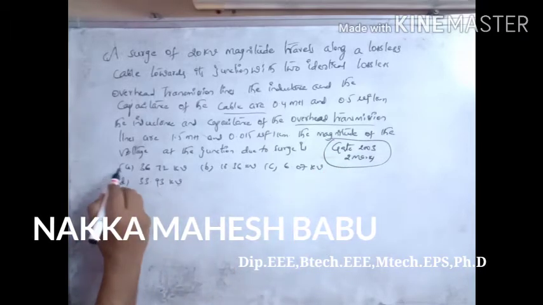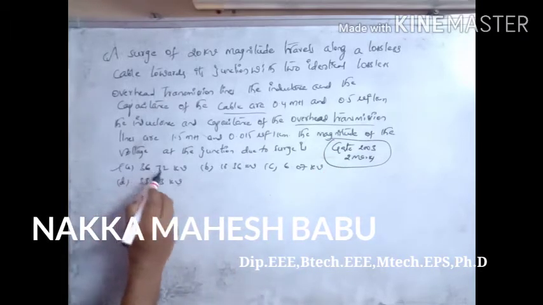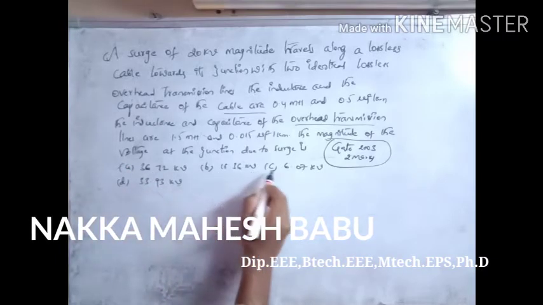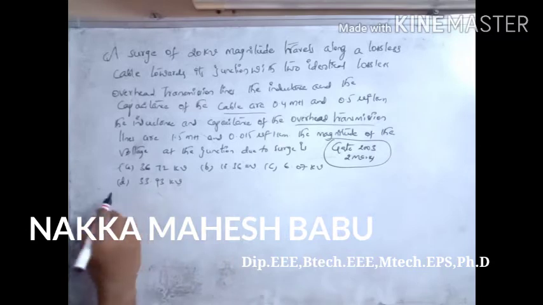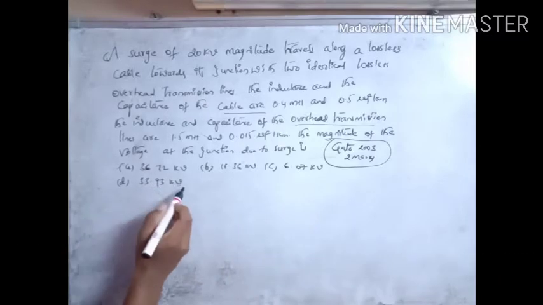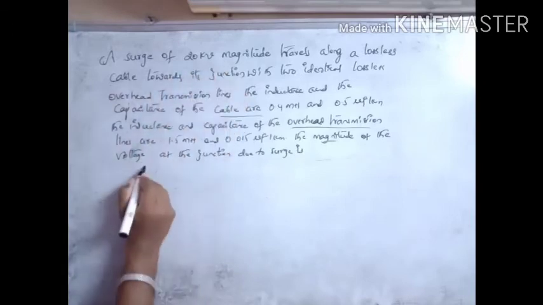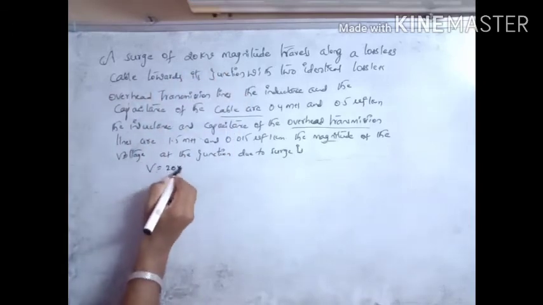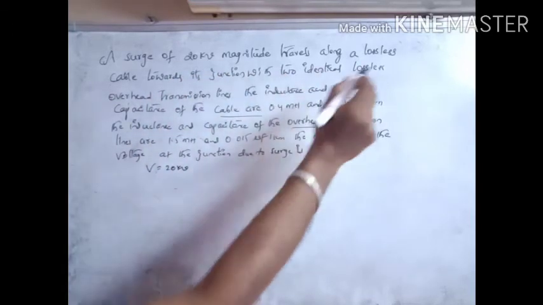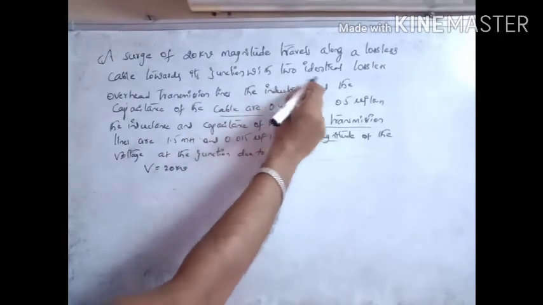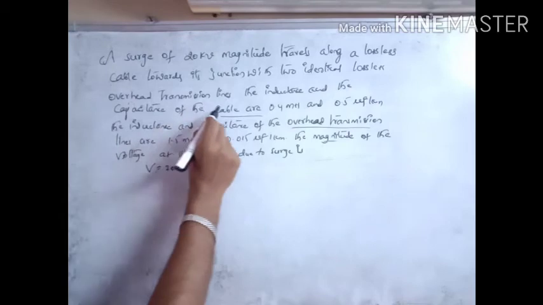The options are A 36.72 kV, B 18.36 kV, C 6.07 kV, D 33.93 kV. So for this problem, a surge of 20 kV, that is V equals 20 kV magnitude, travels along a lossless cable towards its junction with two identical lossless overhead transmission lines.